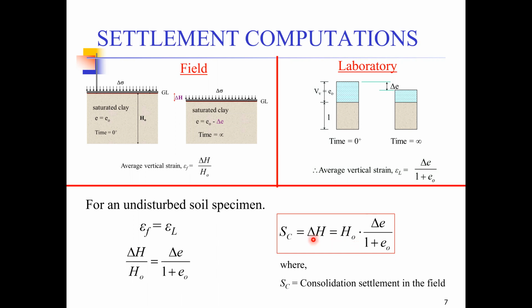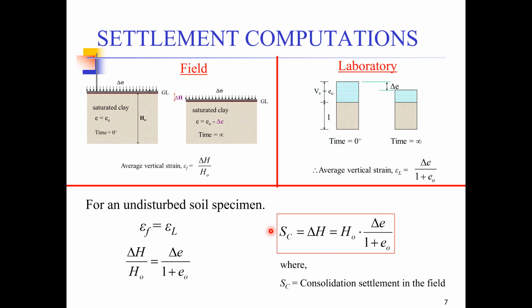And this delta H I can also call S subscript C, which represents consolidation settlement in the field, which is my ultimate goal. So simply by using this equation, I can determine the consolidation settlement in the soil.